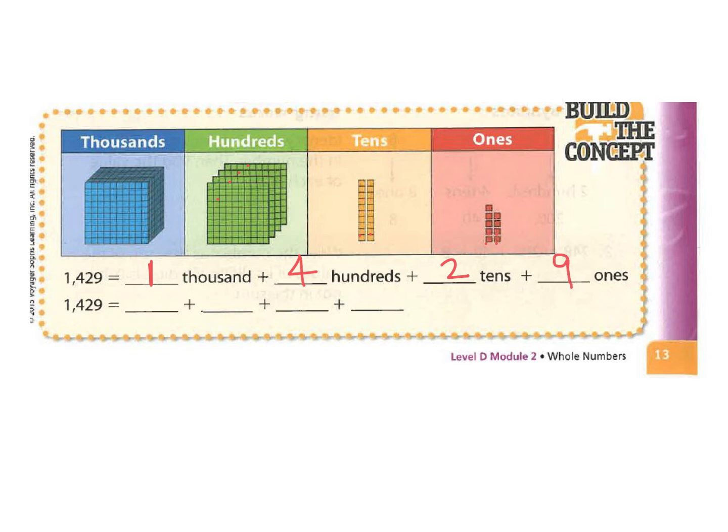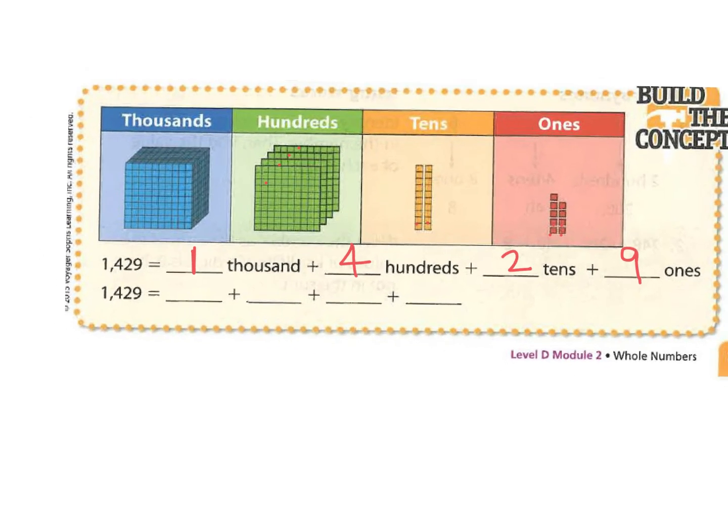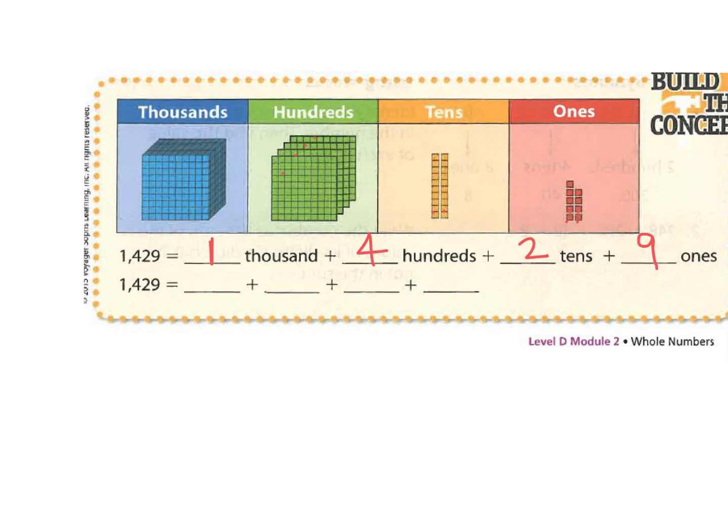So that's what it looks like when we have words. But then if we just expand it out with the numbers, we have 1,000, 400s looks like 400, plus 2 tens is 20, and 9 ones. So this is expanded form.